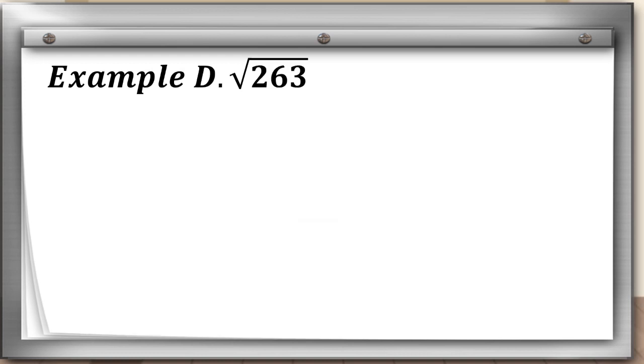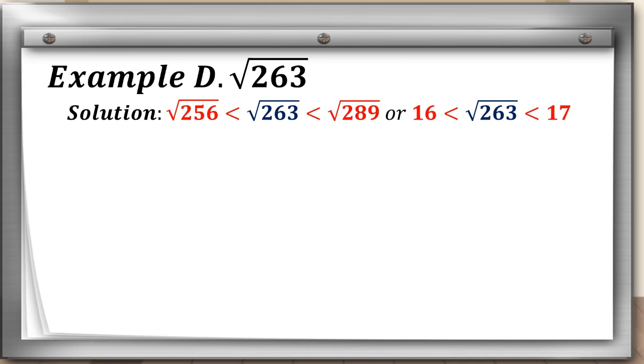Example letter D. Square root of 263. Step 1. Since hindi perfect square ang 263, hanap tayo ng dalawang perfect squares na pinakamalapit kay 263, which are 256 and 289. So we have now square root of 263 is greater than square root of 256 but less than square root of 289.